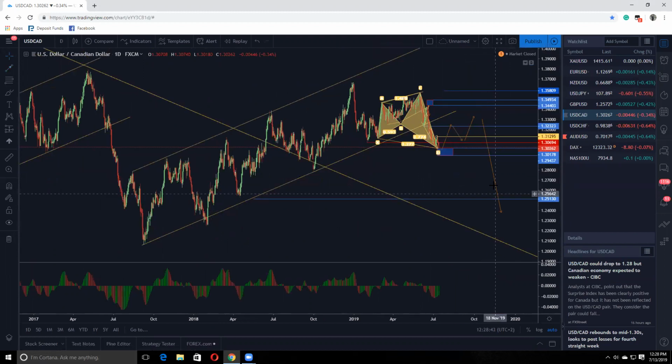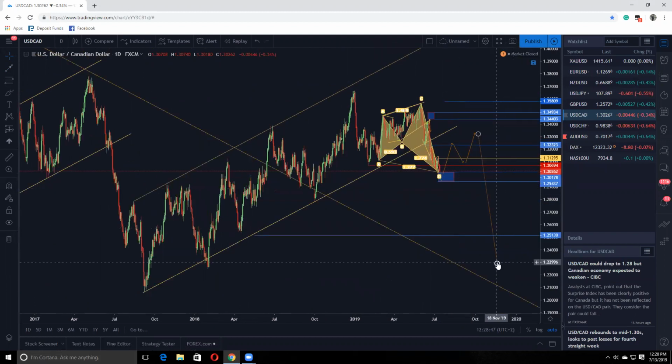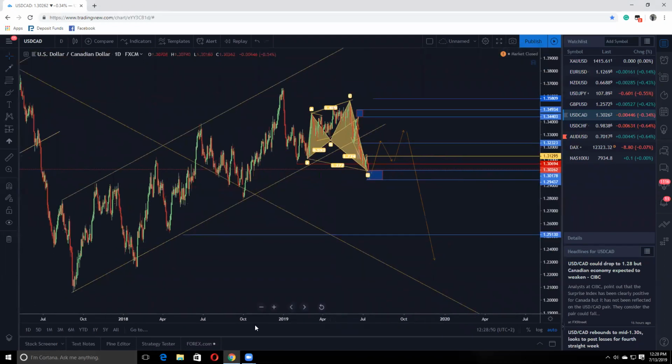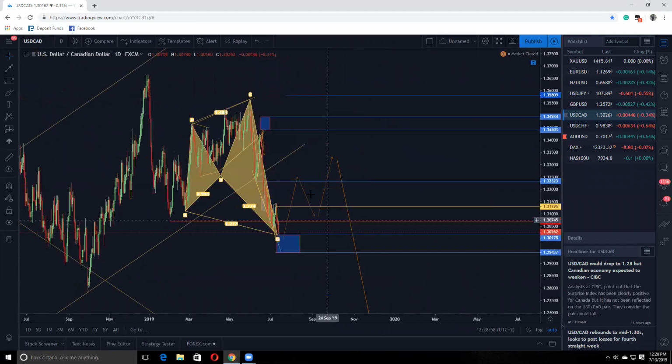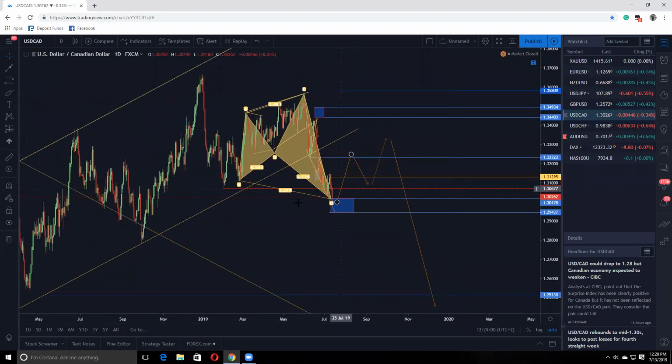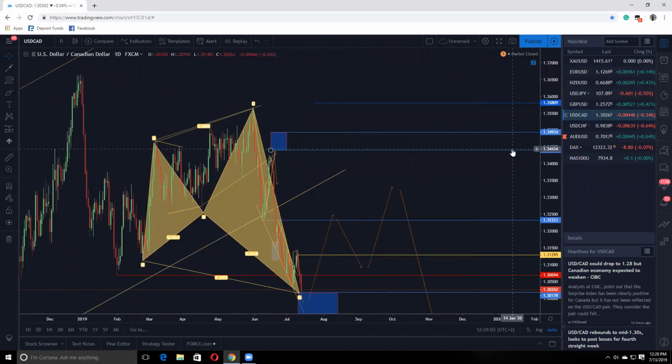This is the correction that I am looking for. And then more downside. We had this level here to at least this level, but USD CAD, this is what I am looking at. Okay.